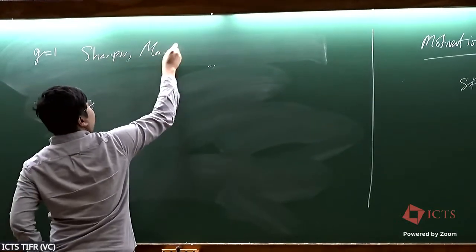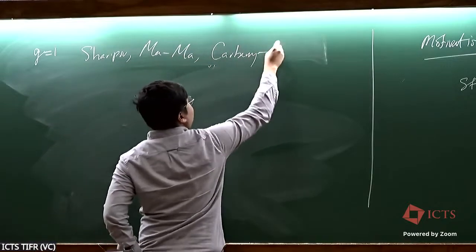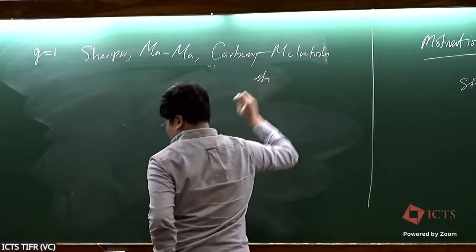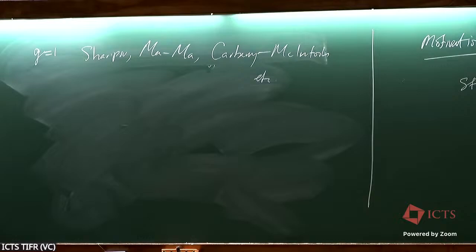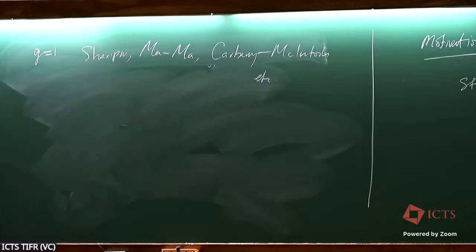Ma rediscovered them. Carberry and McIntosh have many examples, and so on. So this is a whole industry of constructing them, and the question Parker alluded to is that there's integrable systems machinery to construct these tori, which Franz explained at the tail end of his lecture. So genus 1 is fairly well understood.